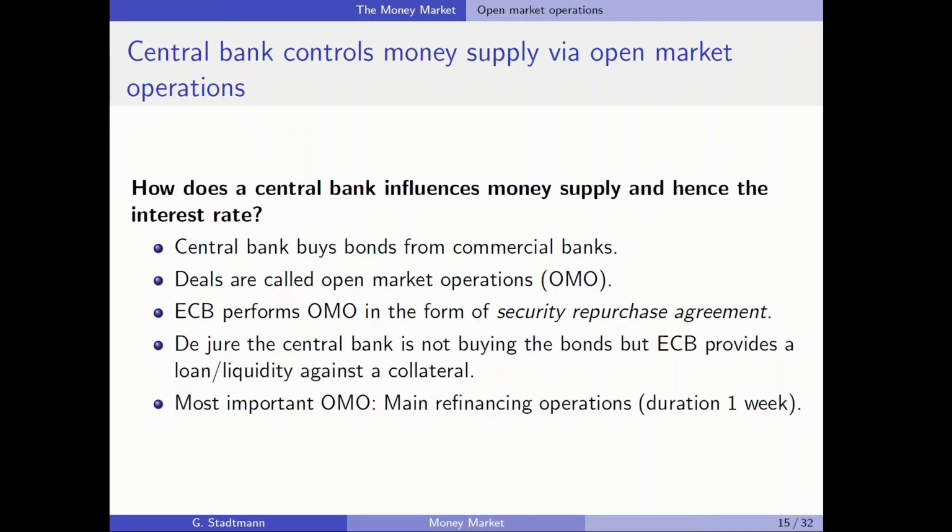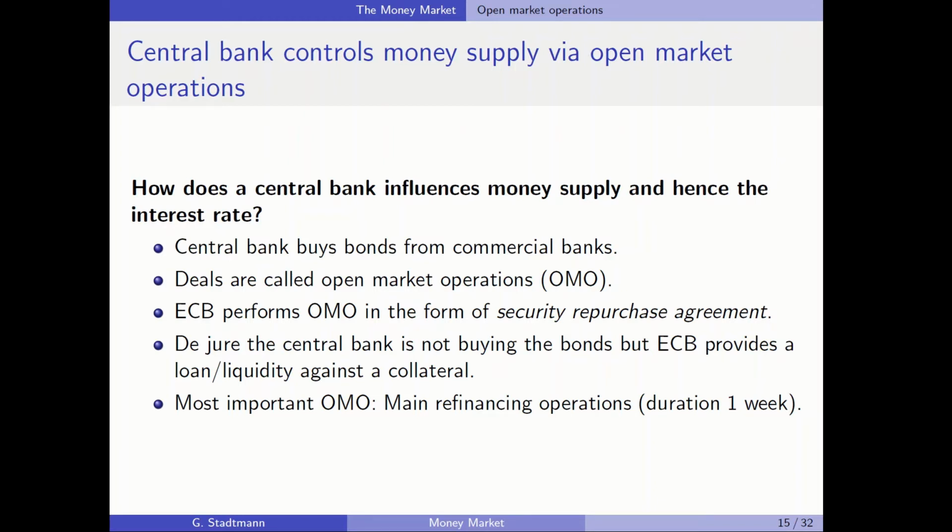This implies that the Deutsche Bank banker is lining up with some liquidity in the hand, is giving the liquidity back to the ECB, and the ECB is handing over exactly the same bonds which were handed in 1 week ago. And also the guy from the Sparkasse Oder Spree has some liquidity in the hands, is handing over the liquidity to the ECB, and the ECB is giving back exactly the same bonds to the Sparkasse Oder Spree.